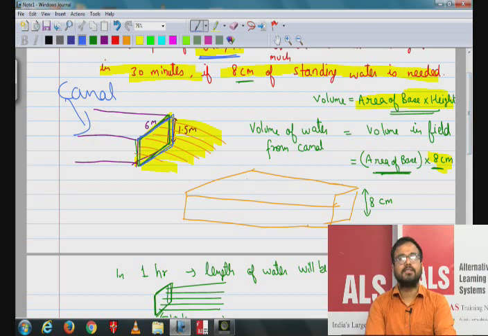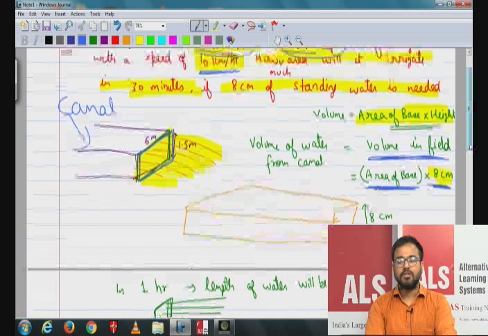Now the field is in the shape of a cuboid, because we have to figure out the area it will irrigate and we require 8 centimeter of standing water in the field. So the height of the water is given in the field, we just have to figure out the area of base. So volume in the field will be area of base multiplied by the height. So we have to figure out this area of base.